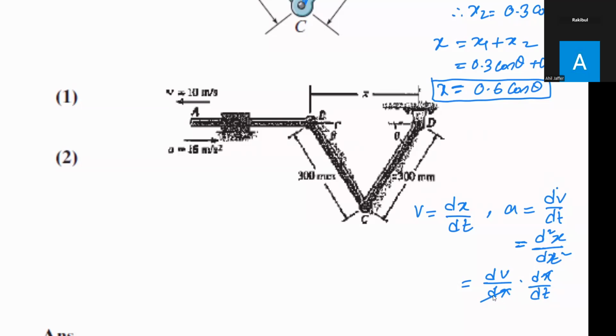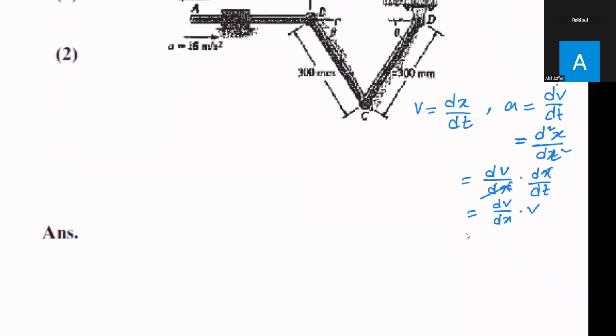So dx over dt is what? We know this formula: d/dt of x is v. So dv over dx, this is v. So a equals v dv over dx.